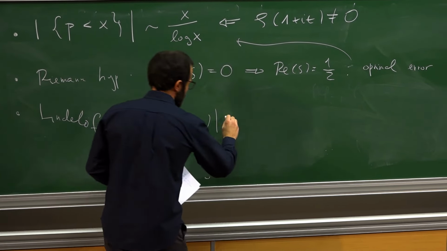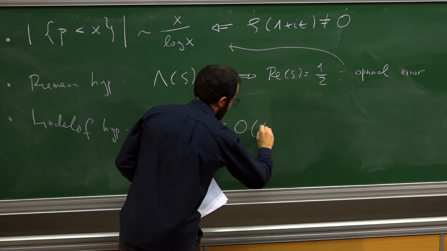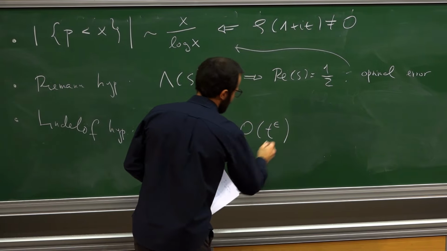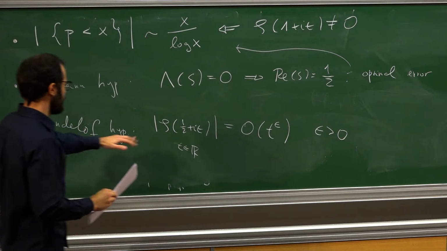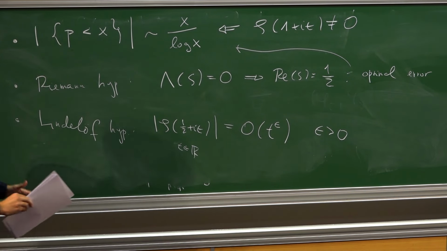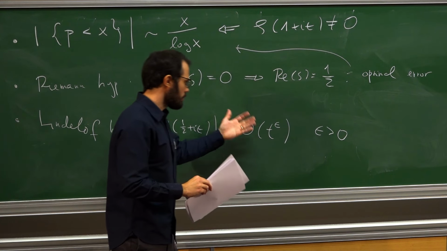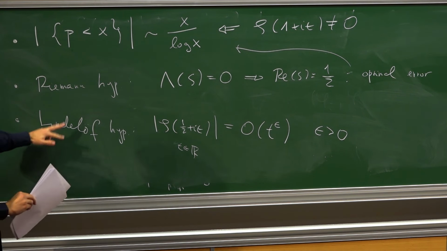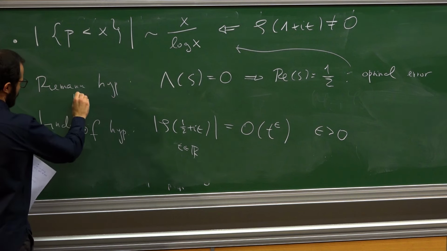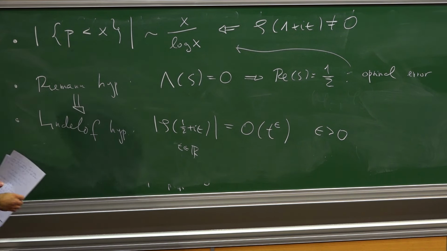And this hypothesis says that this thing is bounded by an arbitrarily small positive power of t. So for all positive epsilon, there's an upper bound like that. So it can grow, it can grow like a logarithm, but it cannot grow like a square root of t or anything in the power of t. This actually follows from the Riemann hypothesis: if you could prove the Riemann hypothesis, you would prove the Lindelöf hypothesis, but it's weaker.